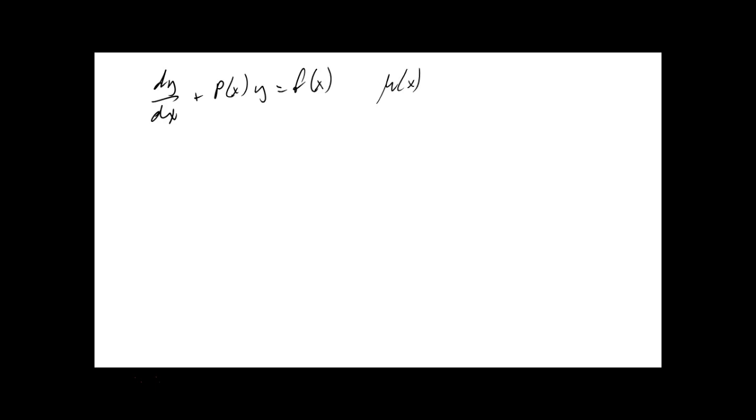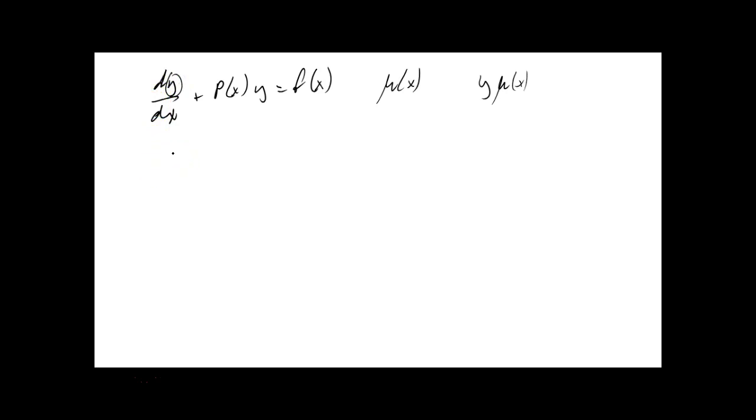And for no reason at all, they do this. They're going to take the function y and multiply it by the mu of x. Now, here the y, you're taking a derivative.